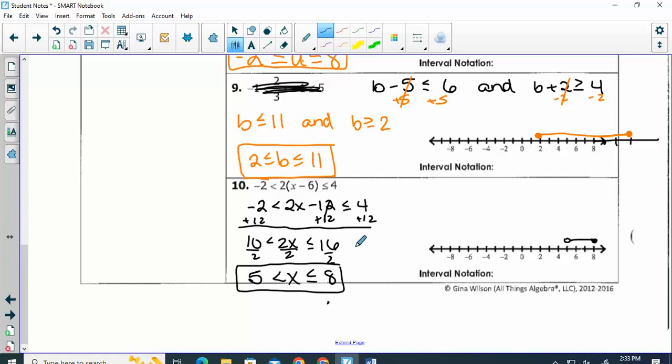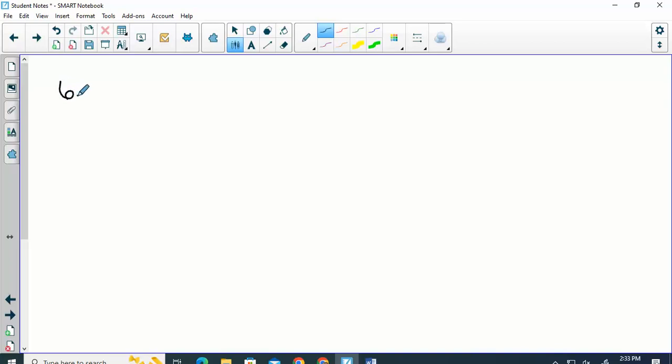How do I want you to write your final answer? Small number to big. Yes, I want the one big inequality. So don't give me 2 separate pieces. Even if the problem had 2 separate ones, I want you to write them as one big one for the end.